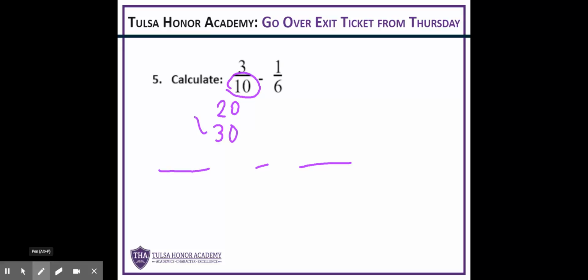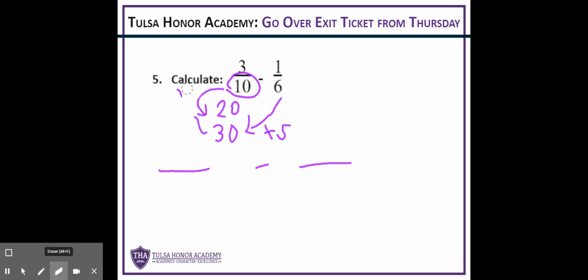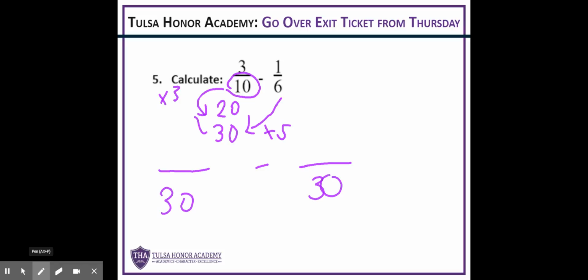Yes. And for 6 to go into 30, we have to multiply by 5. And for 10 to go into 30, we have to multiply by 3. Sorry, that doesn't look very good. Multiply by 3. So both of our fractions need to be over 30.